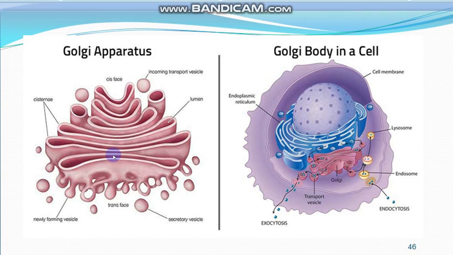Then from here these vesicles will break out, and they will form vacuoles, and these vacuoles are big, and they come out from the maturing phase, and then they fuse with the cell membrane, and then these materials can go outside the cell or wherever they have to be transported. So this is about how the Golgi apparatus works.